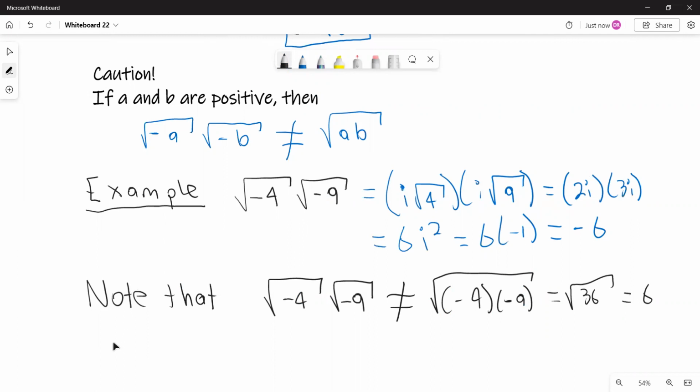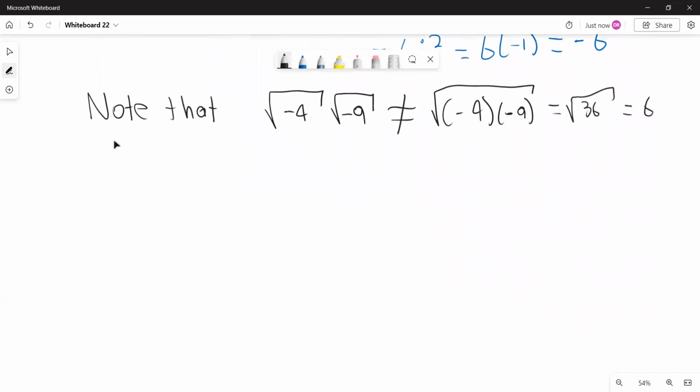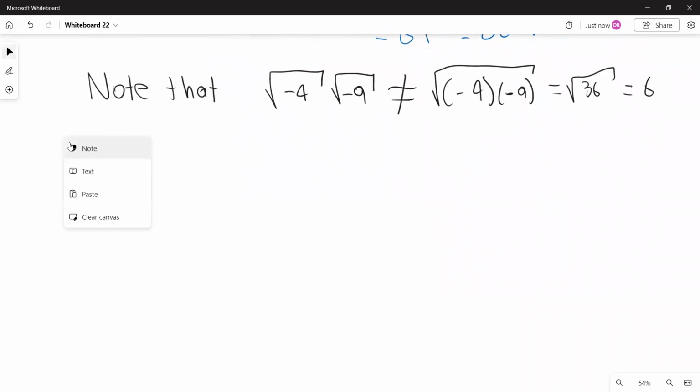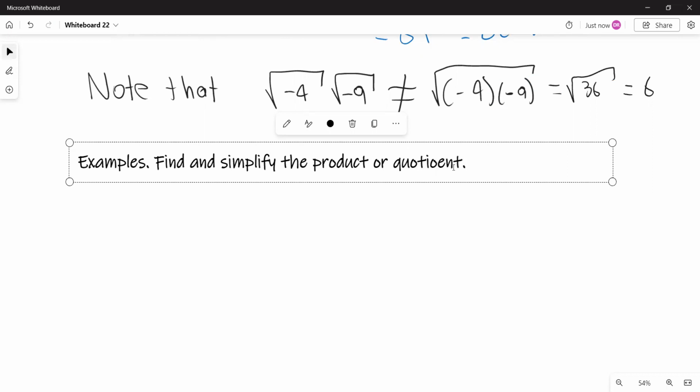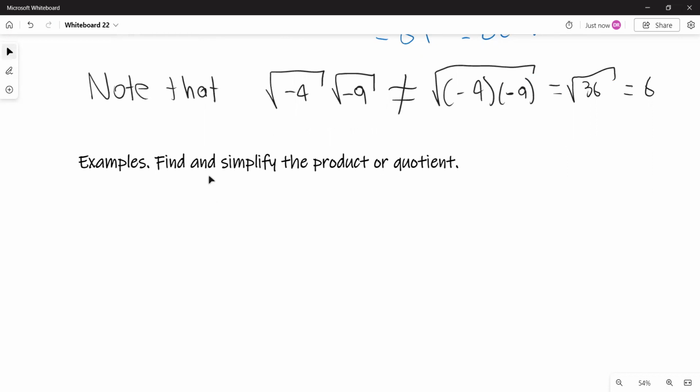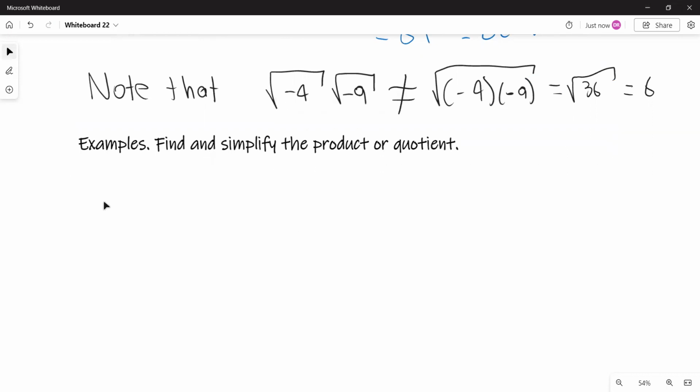Okay, so more examples. We will find and simplify the product or quotient. Okay, number one.